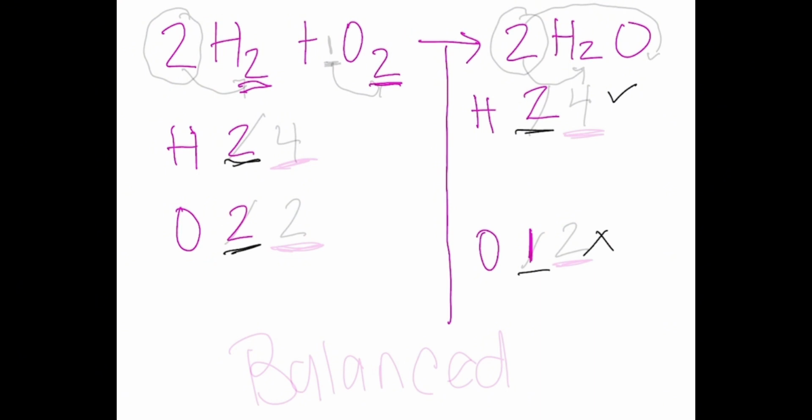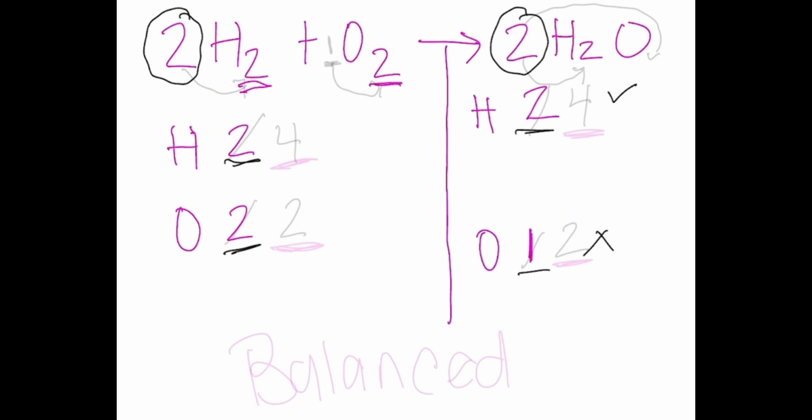However, you see these big numbers in front of the elements, those are what we call coefficients. And that is what we're going to get into in our next video, doing examples of how to use coefficients to actually balance our equation. To close this out really quickly, I'm going to show you how using these coefficients helps us to balance our equation. As you can see, before considering the coefficients, our equation was unbalanced.